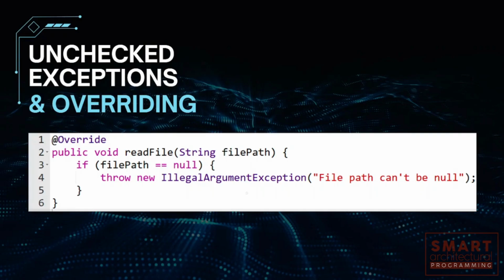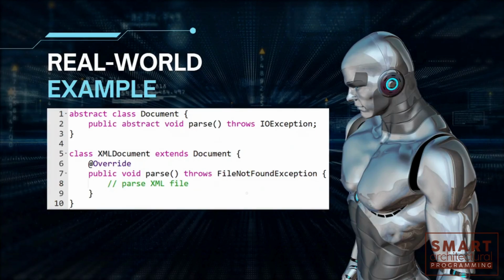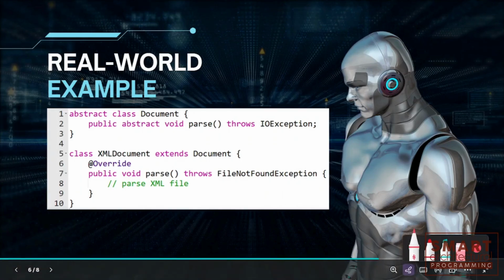Let's look at a few real world examples to further understand what we're talking about here. Here we have a document processing system with an abstract base class. If you look at the code base here, we have an XMLDocument class which narrows down the exception type in the overridden method. Let me bring on my highlighter here again, the normal yellow color.